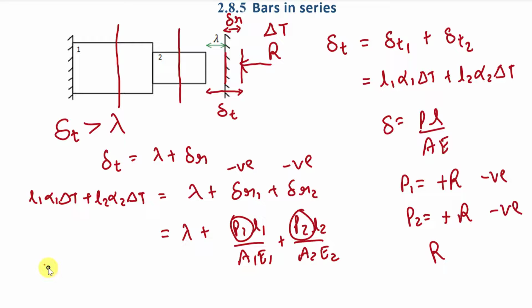Thermal stress in body 1 will be sigma 1 equal to R divided by A1, and thermal stress in body 2 will be equal to R divided by A2. And remember that this load is actually a compressive load. So finally you have to take this stress as compressive stress, means you have to write a negative sign here. Fine. So this will be the value of stress in these bodies.